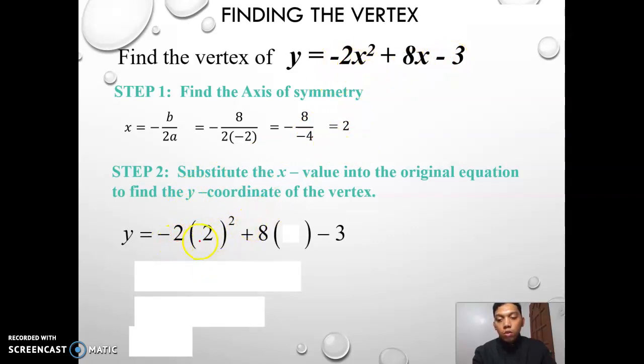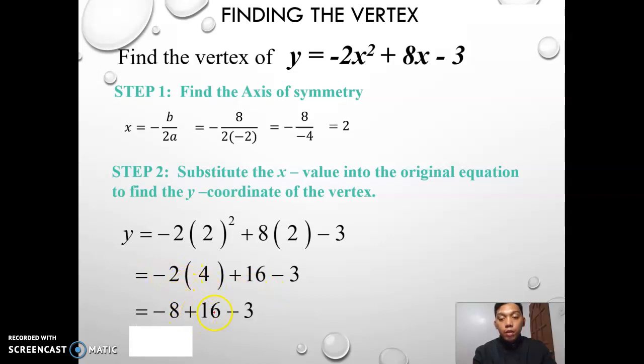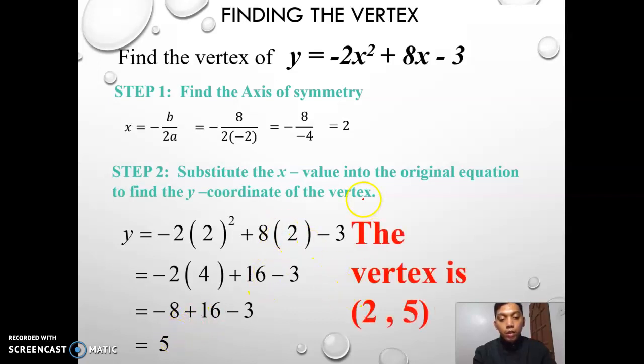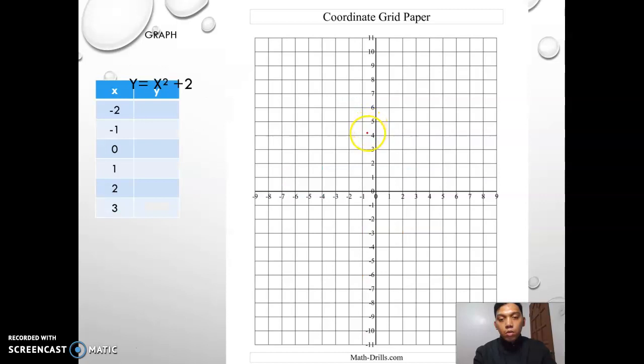So negative 2 times 2 squared plus 8 times 2 minus 3. 2 squared is 4, so negative 2 times 4 is negative 8, plus 16 minus 3. Basically, that's 5. So the vertex is (2, 5), and your axis of symmetry is x = 2.